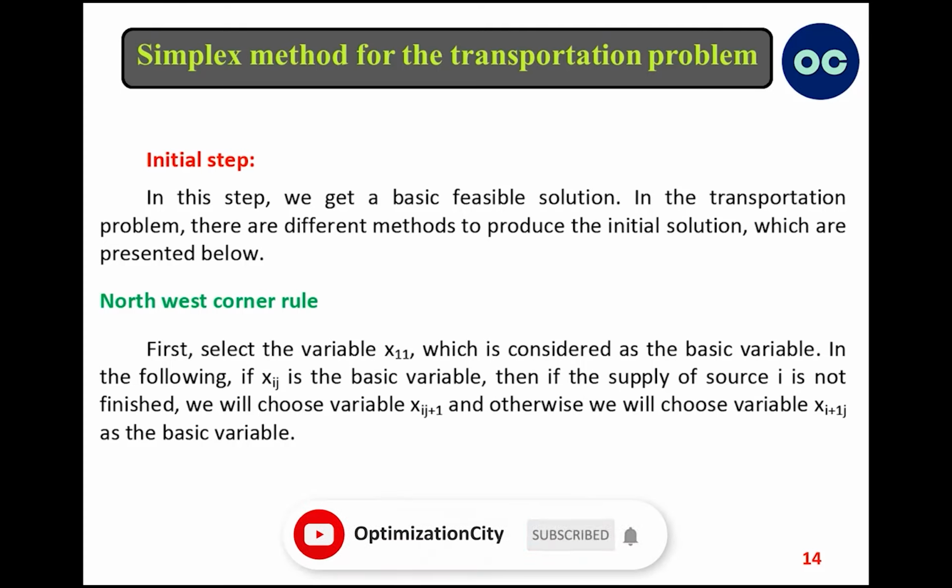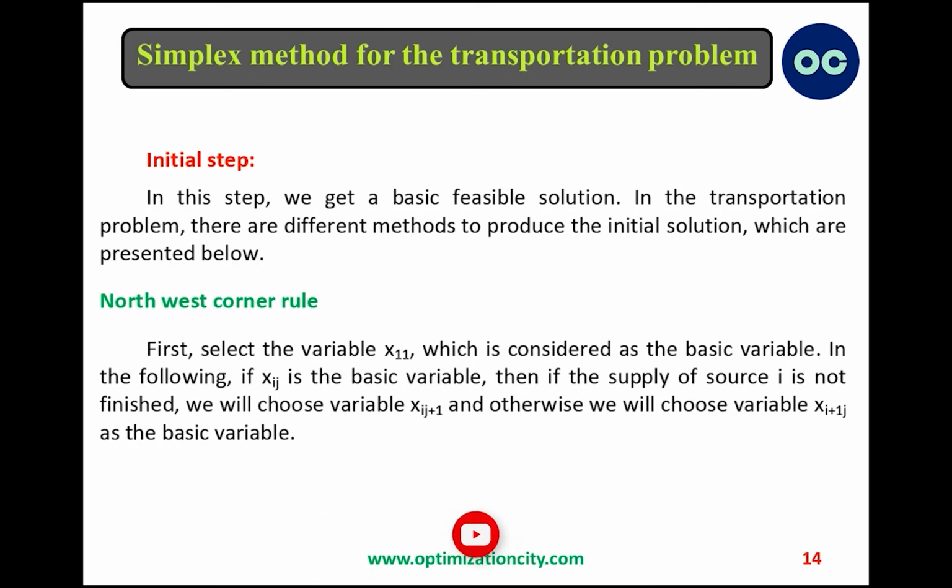In the fourth step, repeat steps 2 and 3 until all supply and demand are satisfied. This process continues until all supply and demand values are used, resulting in an initial feasible solution for the transportation problem.